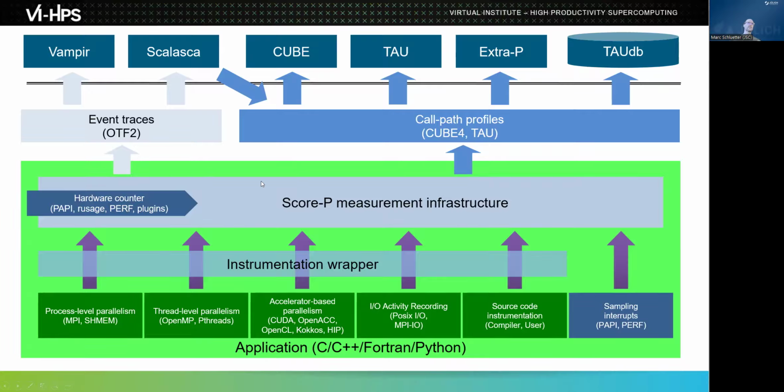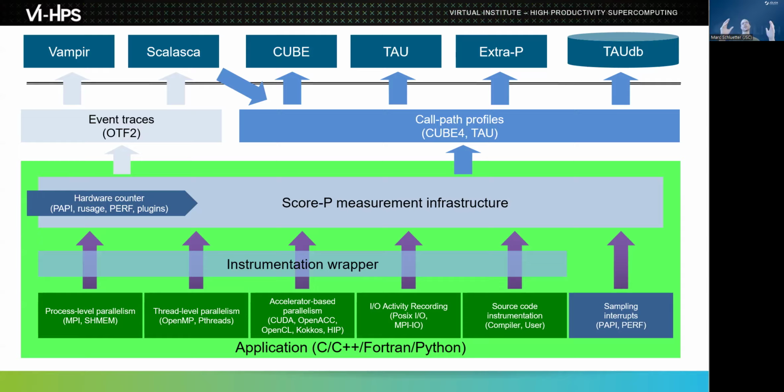If you look at the top line, you have the motivation why ScoreP was created as a shared measurement infrastructure, because we are supplying event traces and Cube call path profiles for various tools, Vampir, Scalasca, and Cube, which we will see in the next 2 days. But there are also other tools that use the Cube format, like Tau, Extra-P, and TauDB.